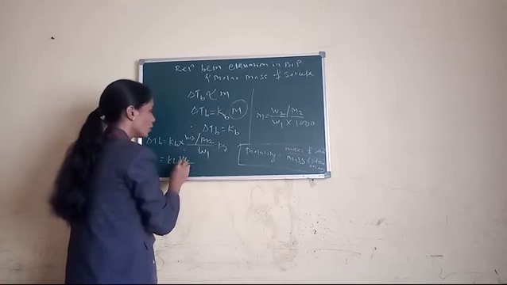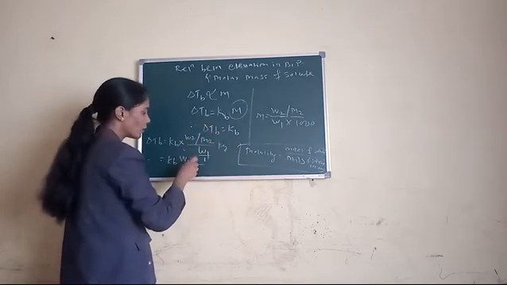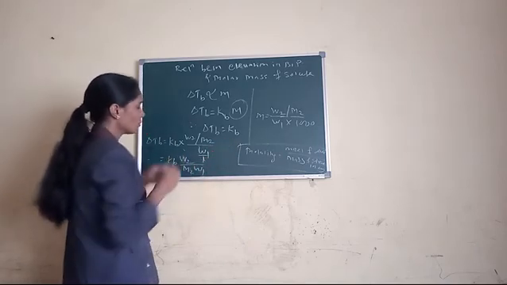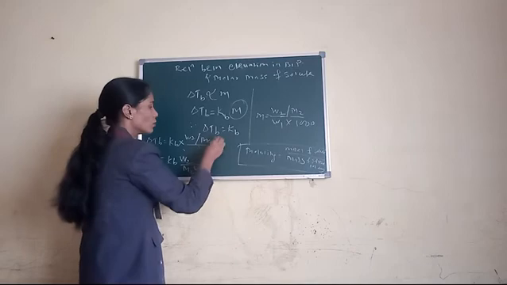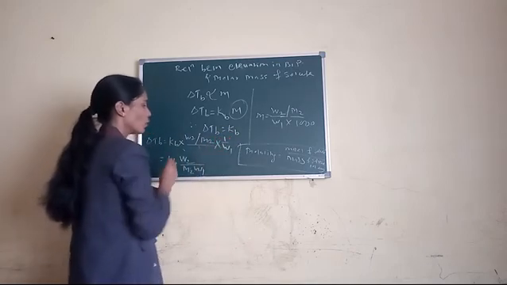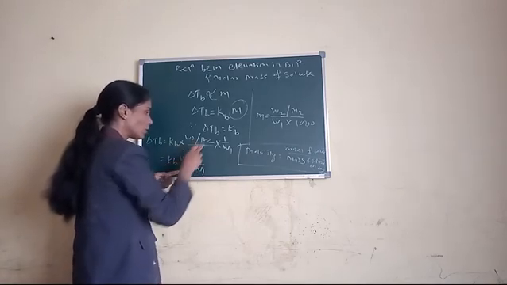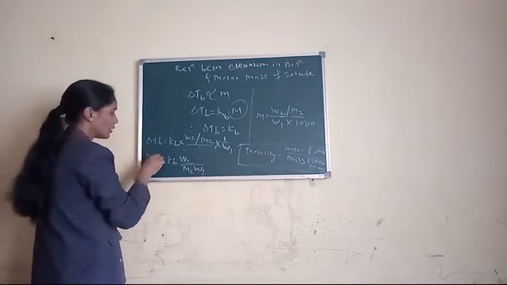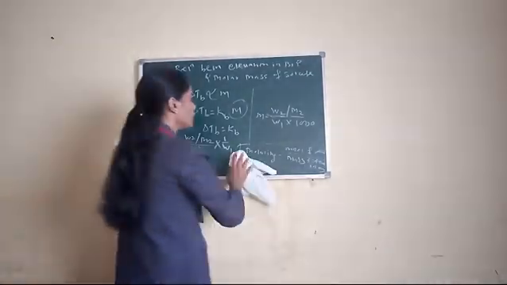This quantity shifts to this side, that is 1 upon M2 W1. Like this, delta TB equals KB into W2 upon M2 into W1. This is the formula of delta TB, the change in boiling point, that is elevation in boiling point.